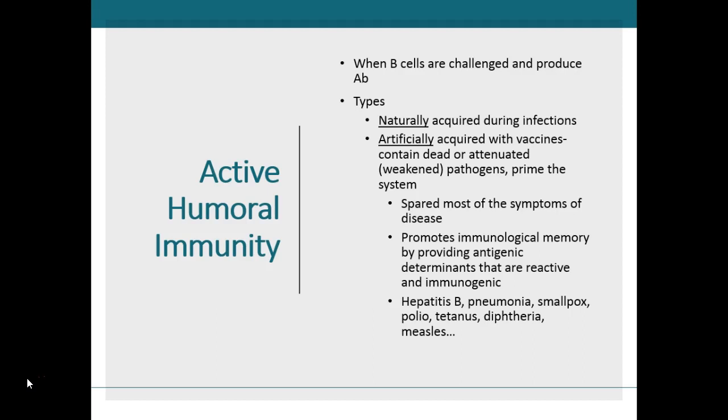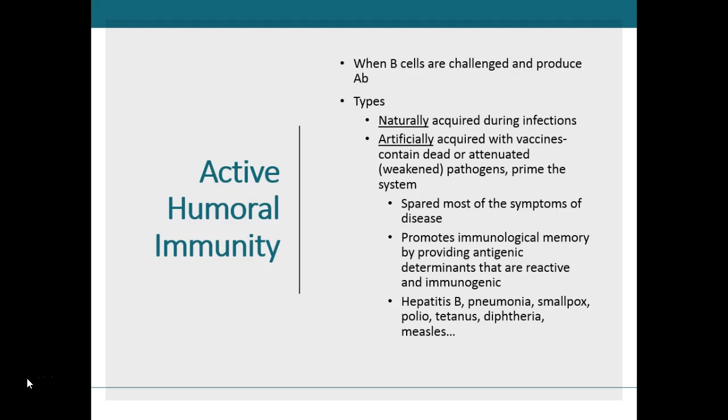So naturally acquired active immunity, active, remember, means that you received or you got the disease. Naturally means you got it without getting an injection. So when you get the chickenpox and you develop those antibodies, that was naturally acquired, you got the disease. Active because your body created those immune cells.